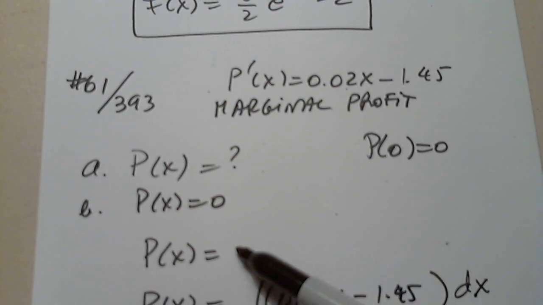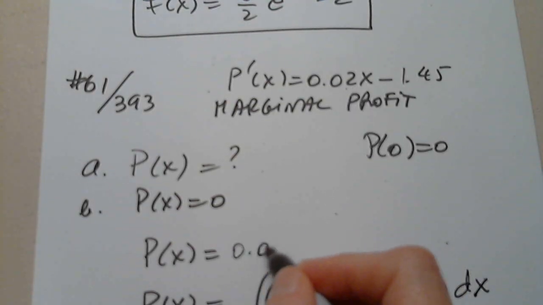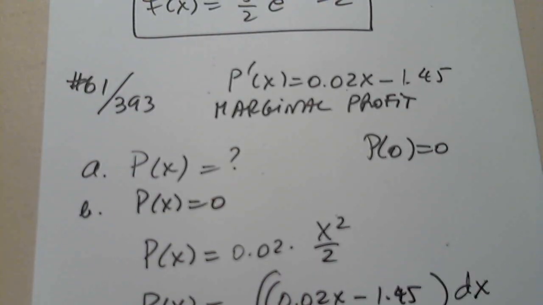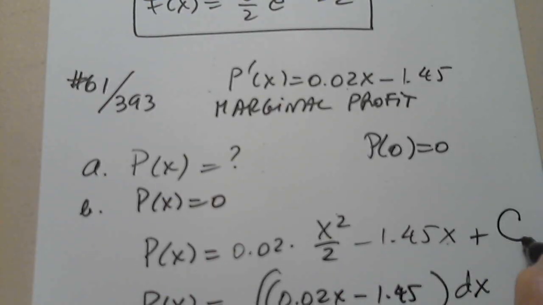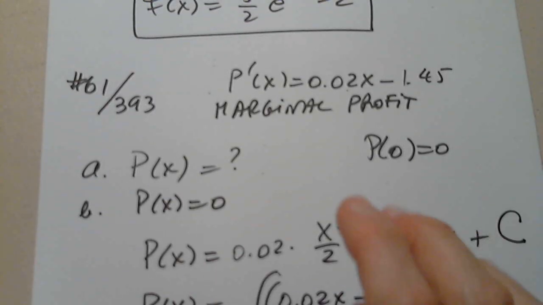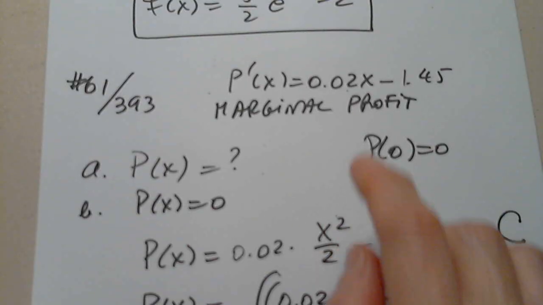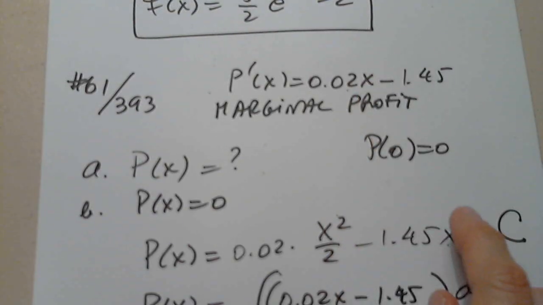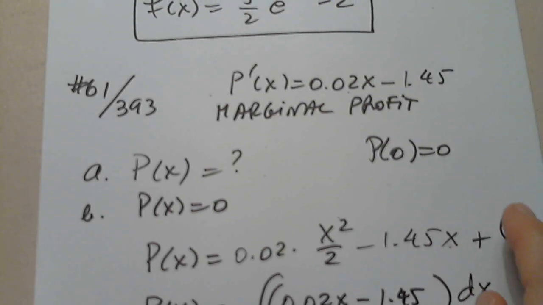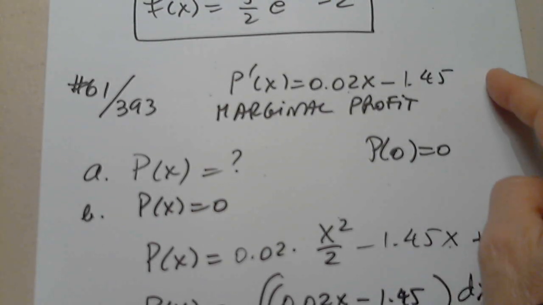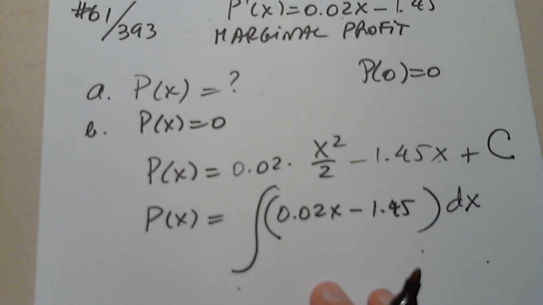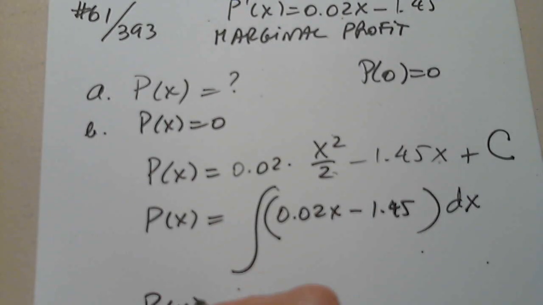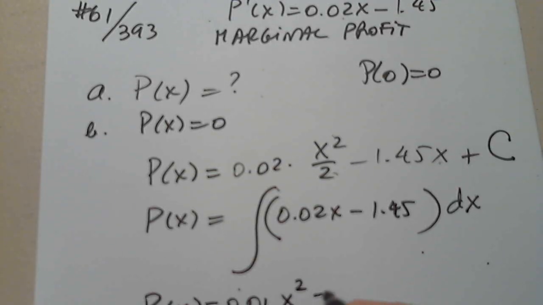So which function has this derivative? 0.02 times x squared over 2 minus 1.45x plus a constant c. How did I come up with this? When I differentiate x squared over 2, I get x. When I differentiate x, I get 1. And when I differentiate the constant, I get 0. So I simplify: P of x equals 0.01x squared minus 1.45x plus c.